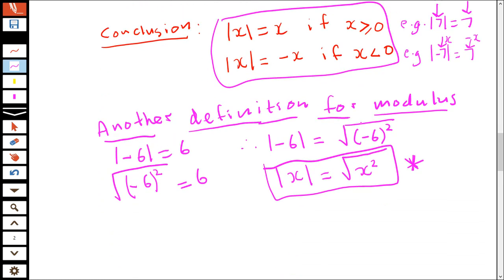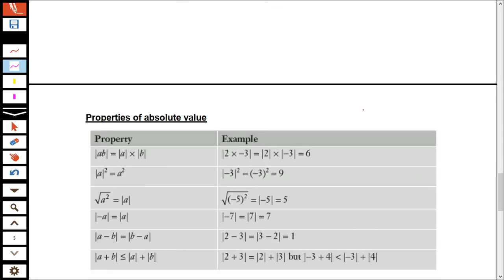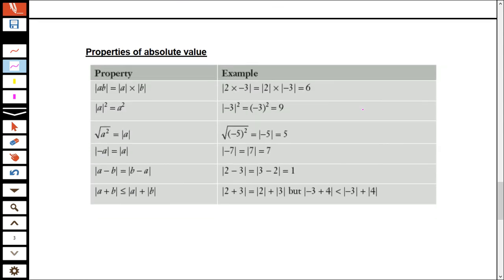Okay. Now, let's just have a look at some properties of that absolute value. And next to each property, I just want to point out, so this property here, here's the example which goes with that property, okay? So have a look. 2 times -3 is -6. The absolute value of -6 is just 6. And the absolute value of 2 times the absolute value of -3 is also 6, isn't it?